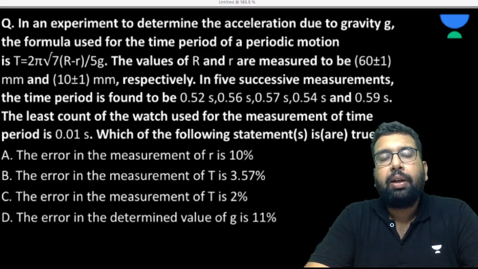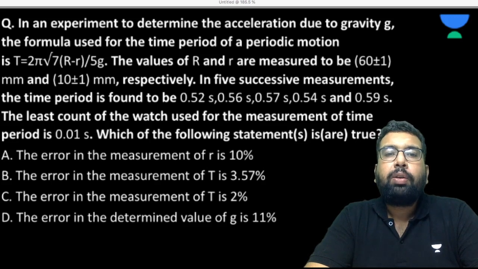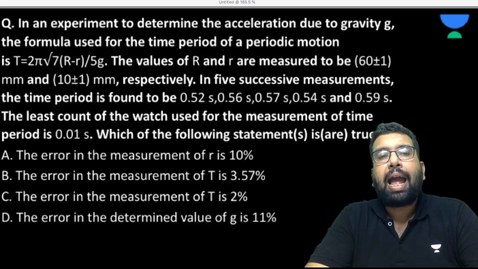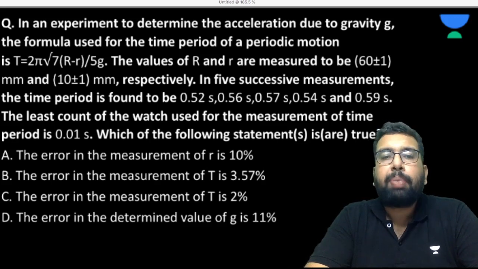Let's do it. It says, in an experiment to determine the acceleration due to gravity g, the formula used for time period of a periodic motion is T equals 2 pi root over (7(R minus r))/5g. The values of R and r are measured to be 60 plus minus 1 mm and 10 plus minus 1 mm respectively.